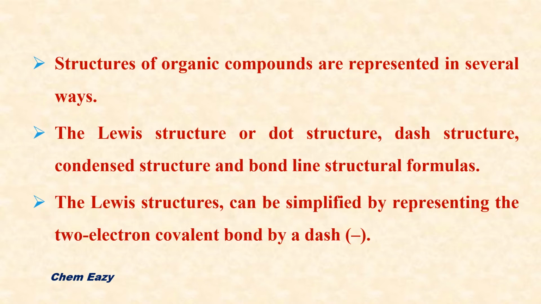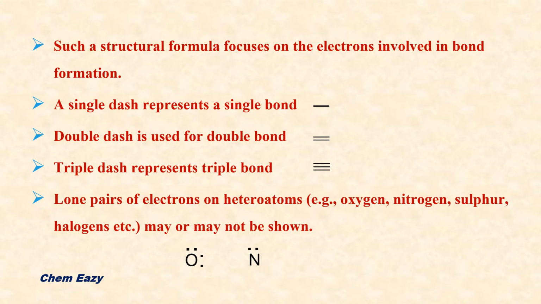The Lewis structure, that is the dot structure, can be simplified by representing a two-electron covalent bond by a dash. Such a structural formula focuses on the electrons involved in bond formation. So how can we represent a single bond?